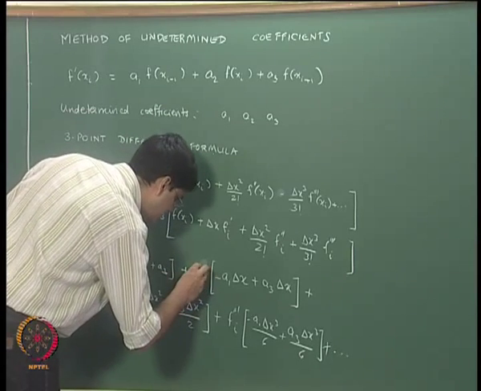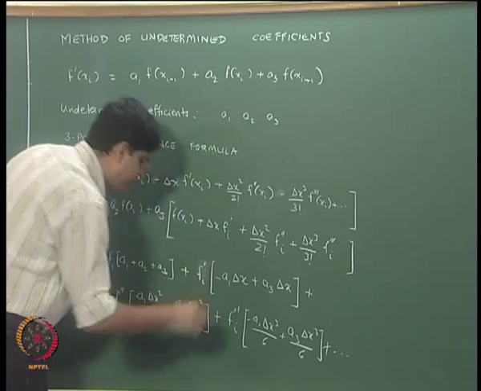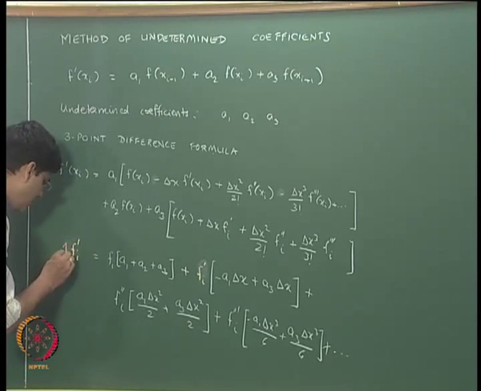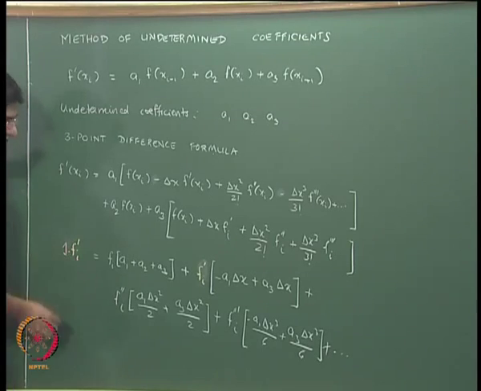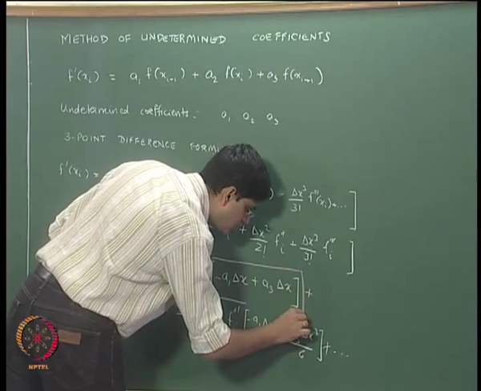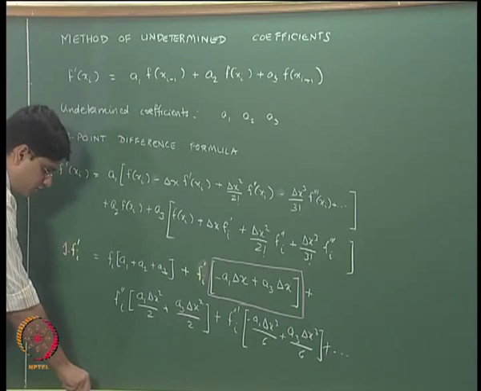What this means is that the coefficient of f dash of i is nothing but 1 multiplied by f dash of i, and that coefficient should be equal to this particular term over here.